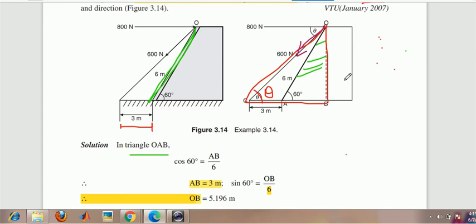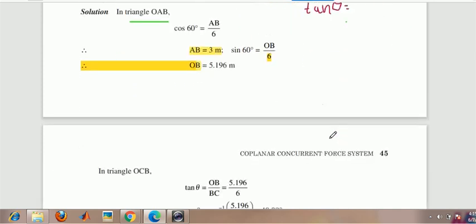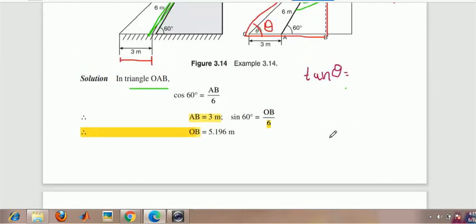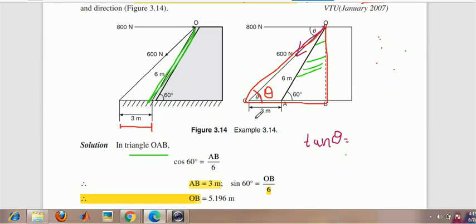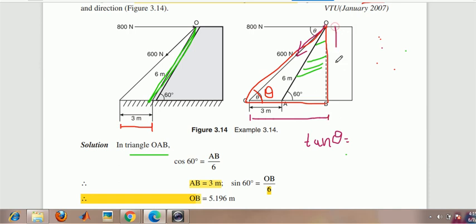Now from this triangle apply tan theta, right? What is tan theta? Tan function is opposite by adjacent. Adjacent is BC and opposite is OB.